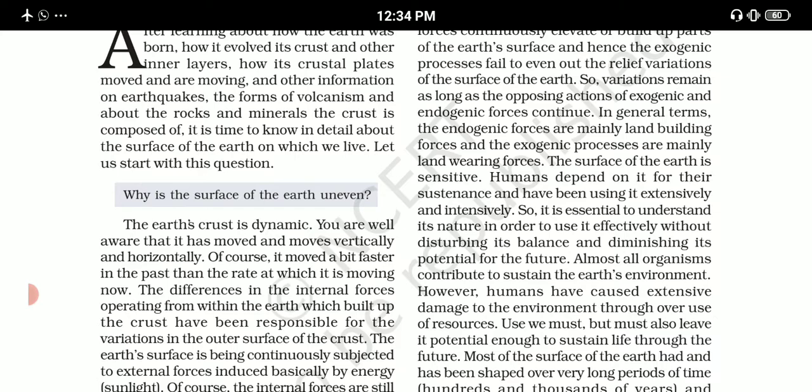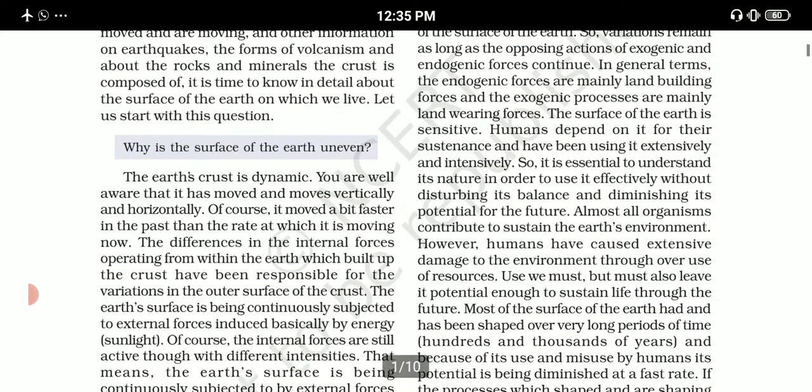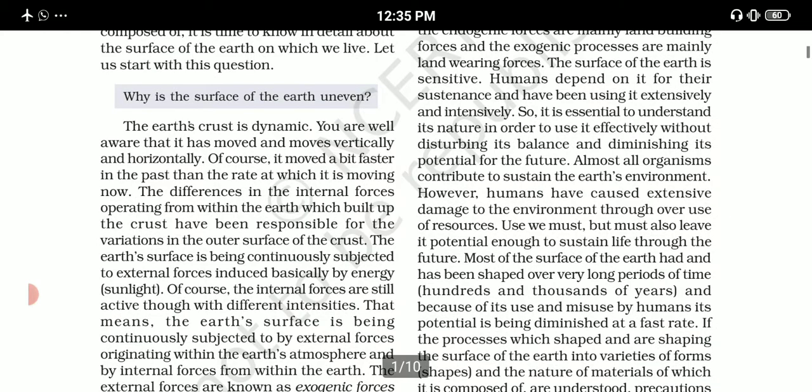Humans have also caused extensive damage to the environment by the overuse of resources. So students, if someone is misusing and overusing particular resources, then that is not good for the environment, वो उसके लिए dangerous हो सकता है. Use we must, but also leave enough potential to sustain life in the future. We should not use a resource up the first time and overuse it so that over a long period of time it is not available to future generations, because that is not good for the sustainability of the particular resource.